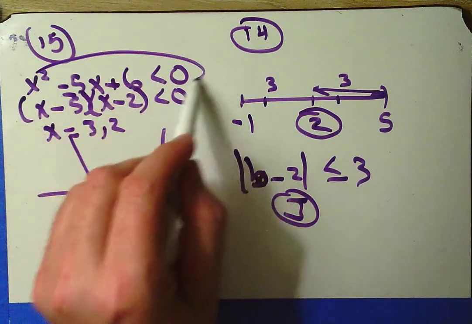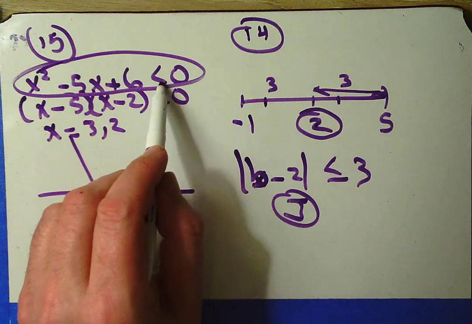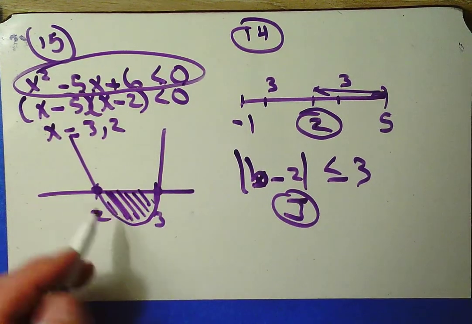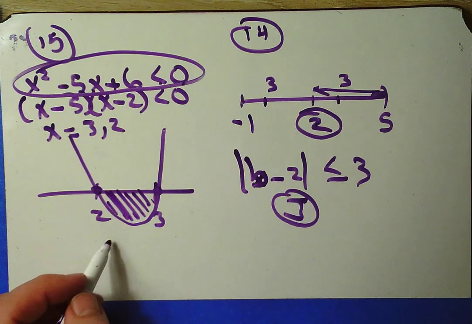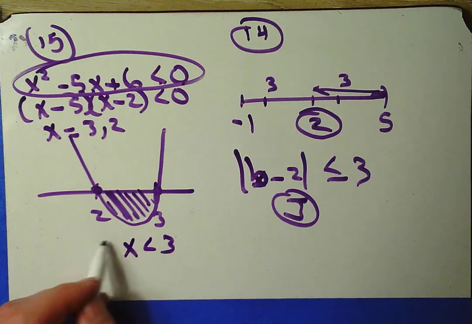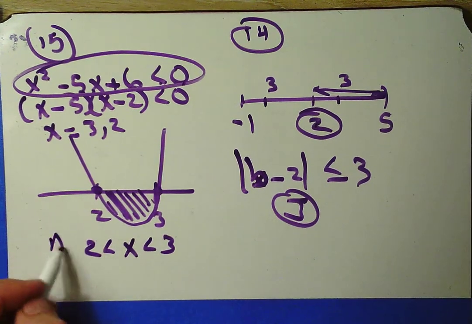Now this question says to me, when is this parabola below, less than, the x-axis? Well, I see between the numbers 2 and 3. So I'm looking for an answer that says between the numbers 2 and 3. Well, that seems to be choice A.